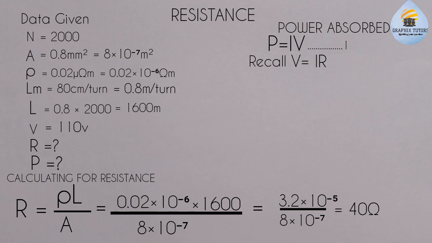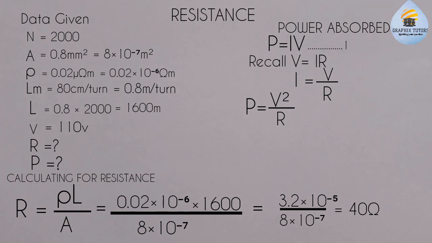If I make I the subject of the formula here, it will be V all over R. So wherever I see I in equation 1, I'm going to put V over R. So P will be equal to V over R multiplied by V. If you multiply V times V, we have V squared, all over R. Now we can look for our power since we have voltage and resistance.